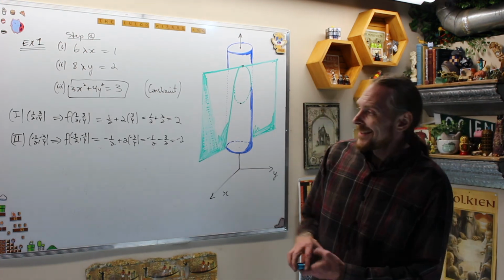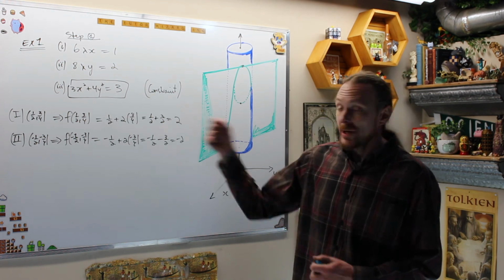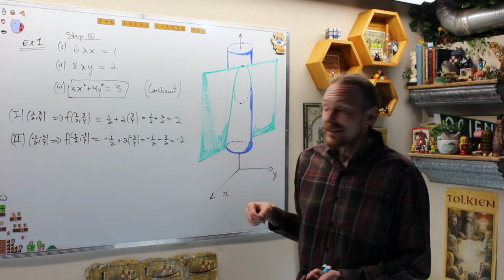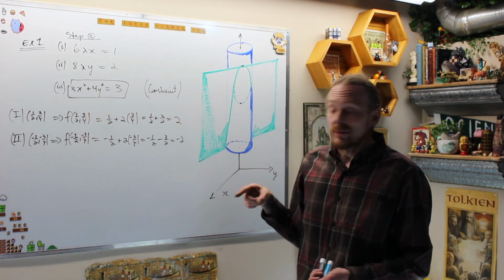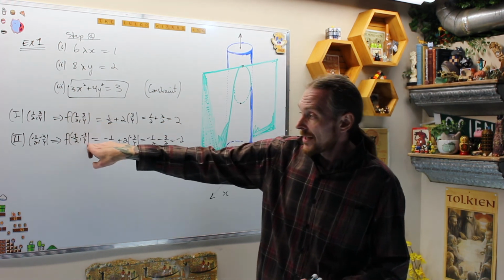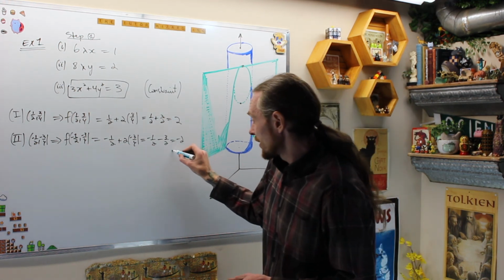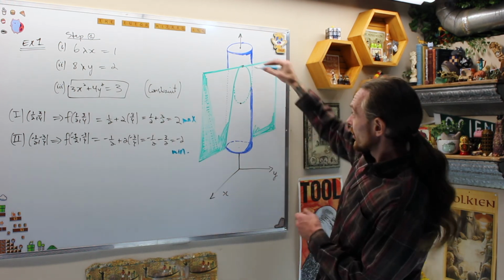Let's do that. Finally, once we have those values of x and y from our constraint, I put those into f, and I find out that at (1/2, 3/4), I get the value 2, and at (negative 1/2, negative 3/4), I get the value negative 2, and what that says is this is a maximum, and this is a minimum for my function at those values.